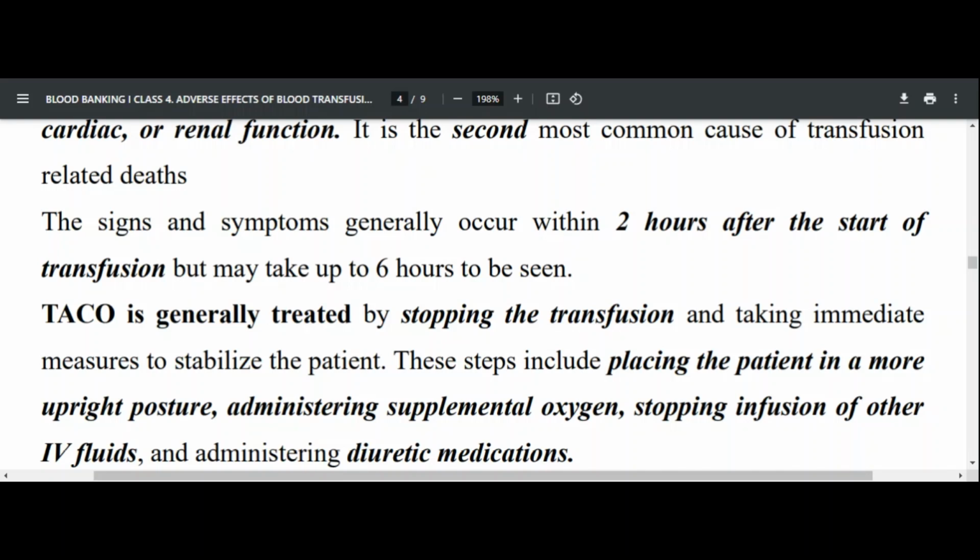Those measures include placing the patient in an upright position, administering supplemental oxygen, stopping infusion of other intravenous fluids, and administering diuretic medications. This is very clear, right? This is what you have to do when your patient experiences TACO as a reaction.